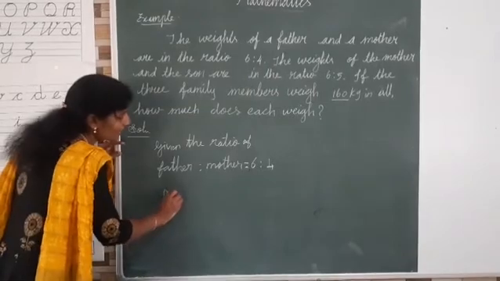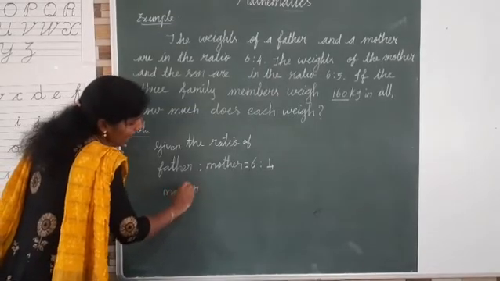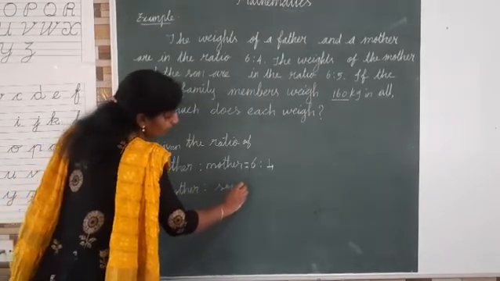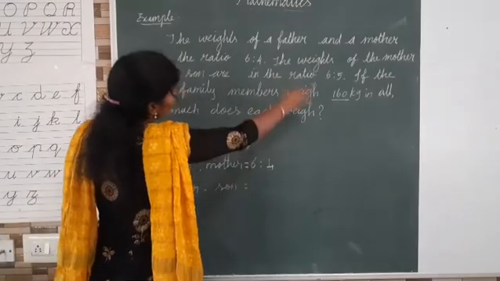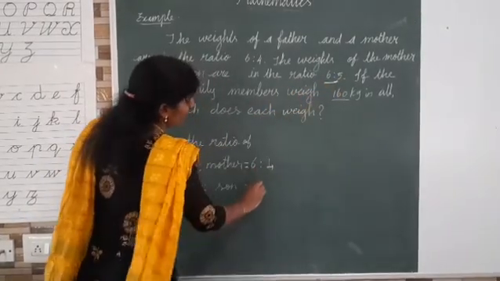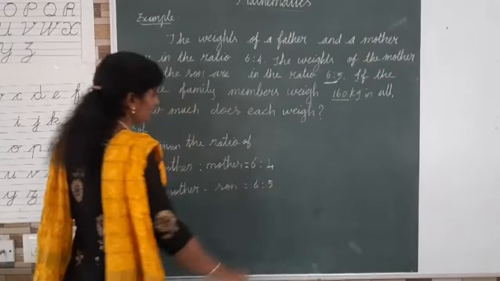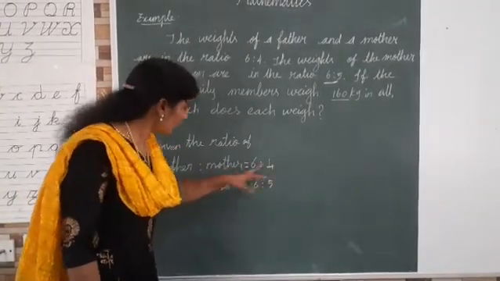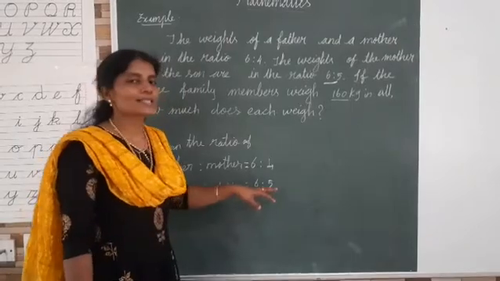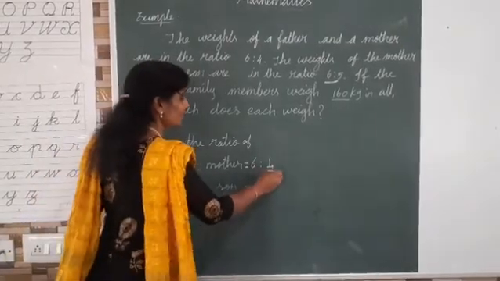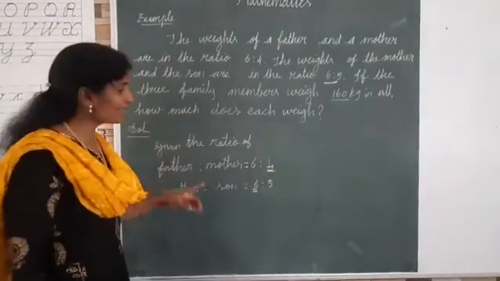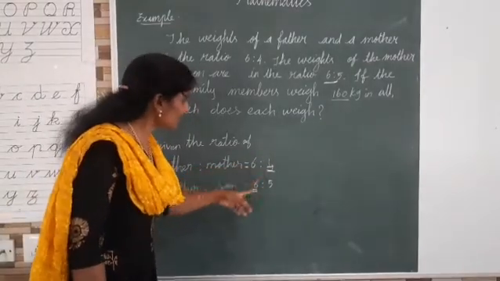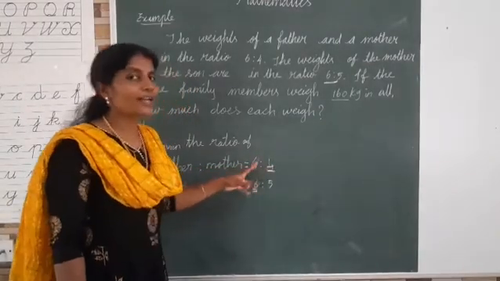So, mother is to son equal to 6:5. Now listen. Father is to mother 6:4. Mother is to son 6:5. This is mother. This and this. Now listen. This mother's ratio here. These two different ratios. Isn't it?